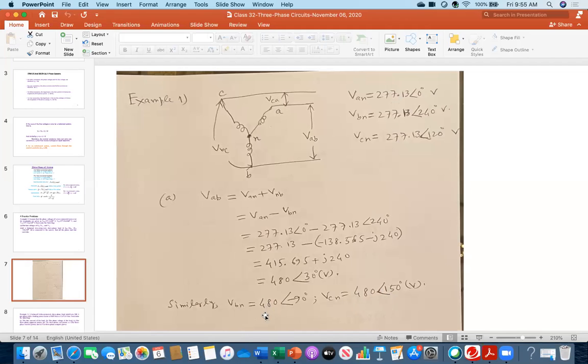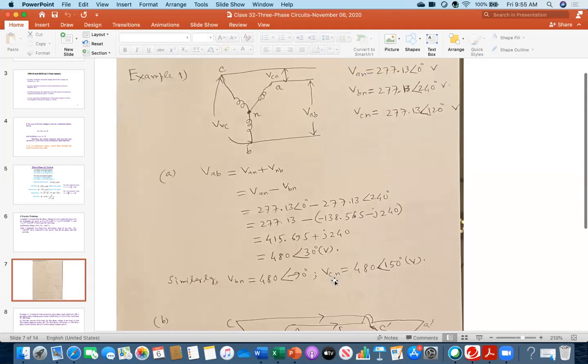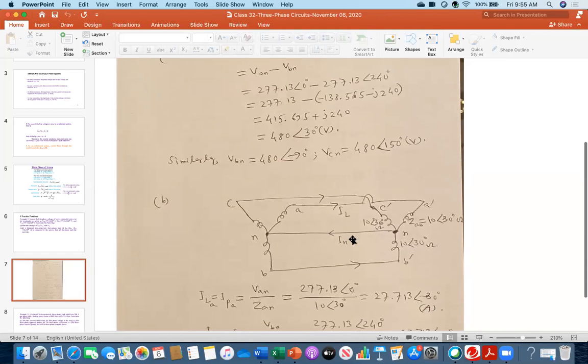Therefore, you see, in all cases, you are getting 480, 480, because that should be the √3 times. Everybody, could you follow me so far? Yes. Okay, great. So as I said, don't be confused. You see, this is VC and this is VCN. I just wrote the wrong notation. I will change this.